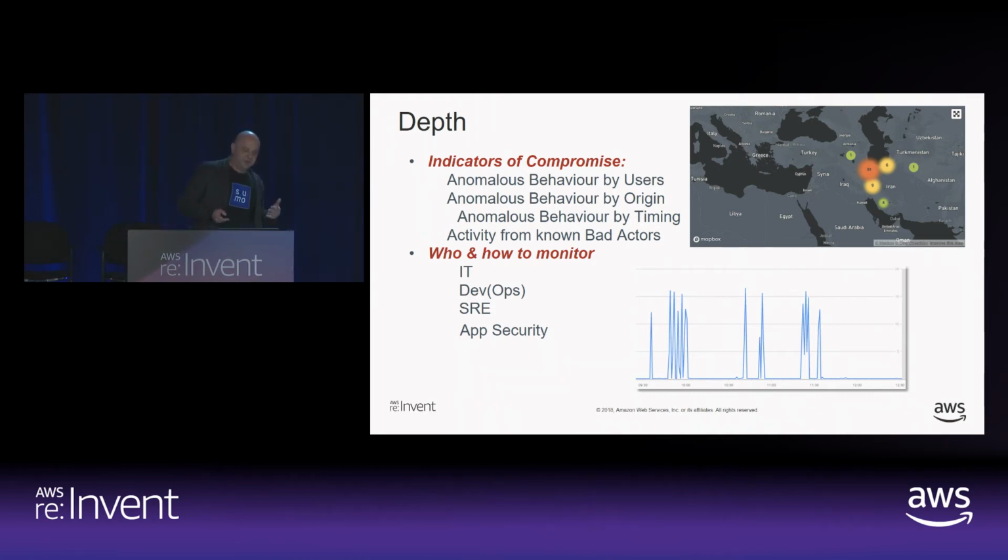From an organizational perspective, this is where the tricky part comes in. Who should be doing all of this, right? Historically, there was a security team or a SOC that would do a lot of this monitoring. I think nowadays we're seeing this responsibility move back into the teams that own and operate these tools, be it an IT team, a DevOps team, or anything of that nature.